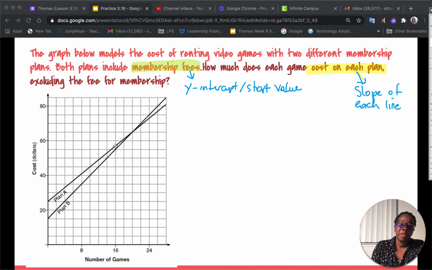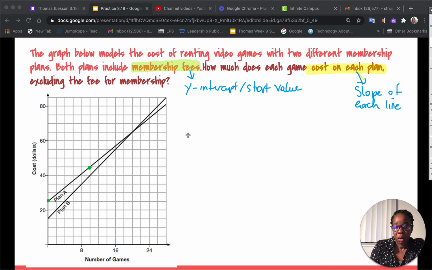So remember, for any line, all you need are two clear points on the line. So let's go with plan A. For plan A, I am going to use my y-intercept as one point, and I am going to use this point right here.